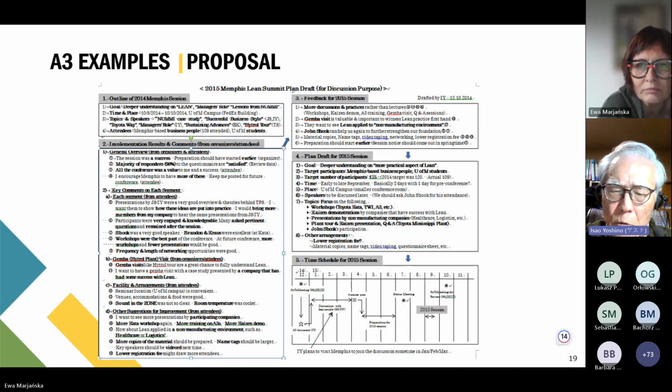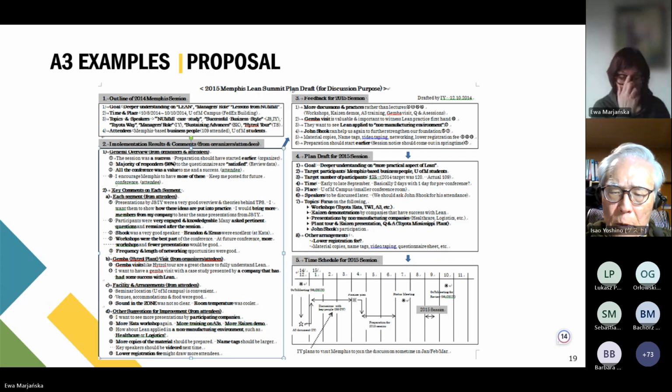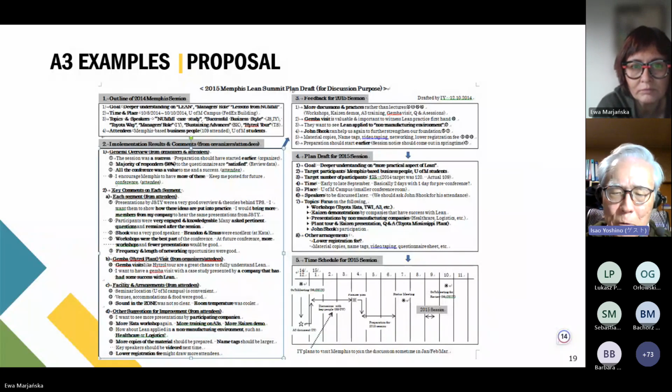This was a kind of proposal, because we had a meeting together with Memphis people on something, and we had 10 people, and 10 people had totally different opinions. So after all the big discussion, I prepared this one for the next action plans.